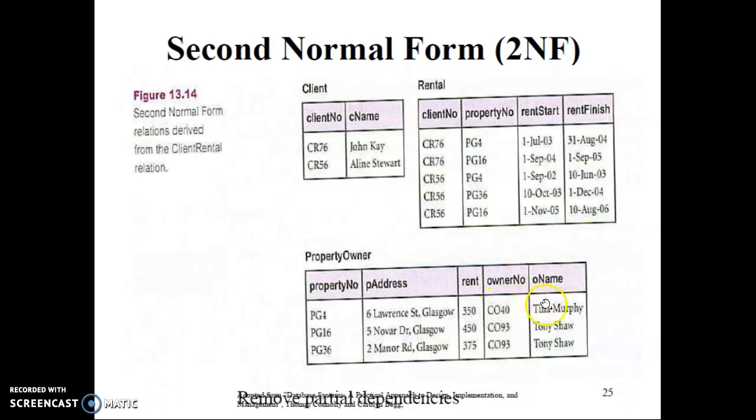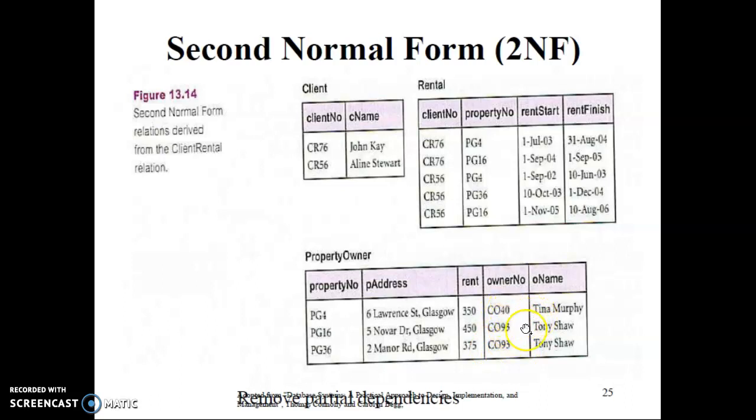Owner number determines owner name. So it is in the form of A to B and then B to C. So this is called as transitive dependency that we have to remove from this property owner table.